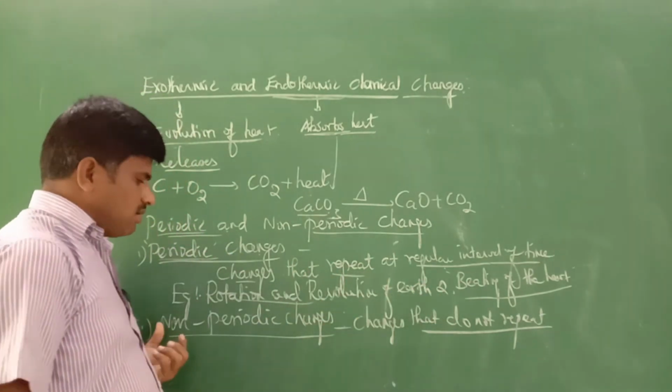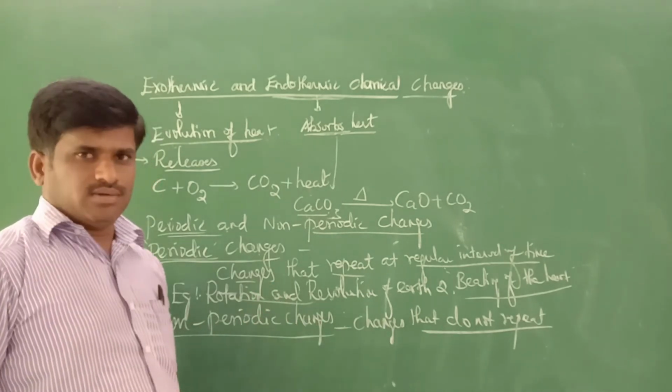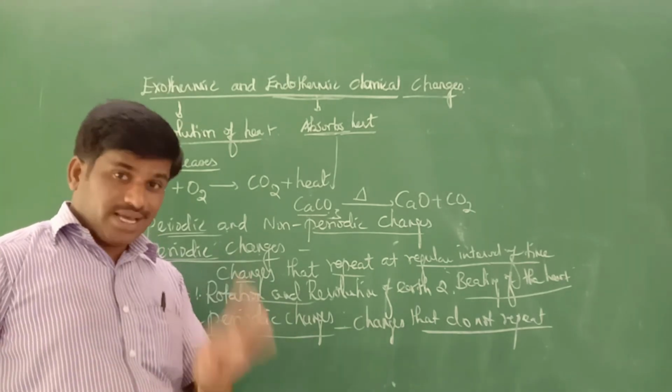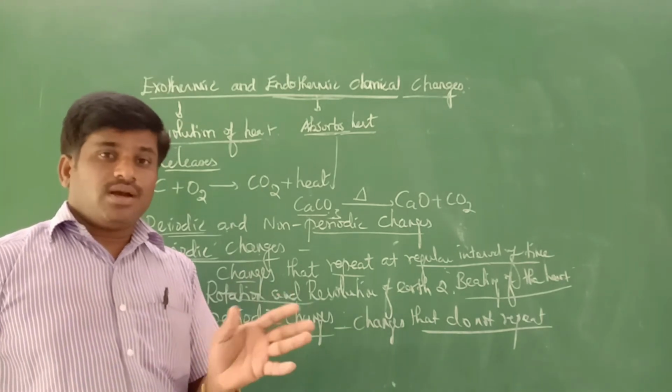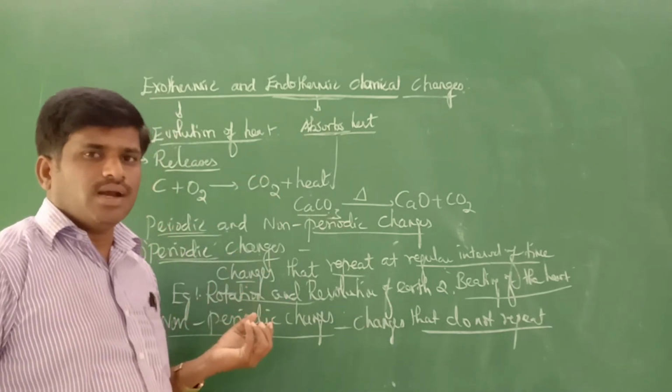That's the only thing you should concentrate on. Changes that do not repeat at regular interval of time are called non-periodic changes. Whatever change takes place, once it has happened, next time at the same period it will not happen. Such changes are non-periodic changes.